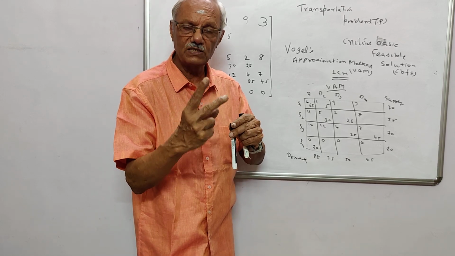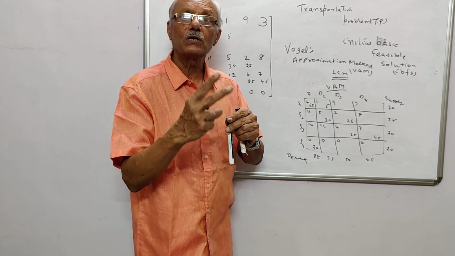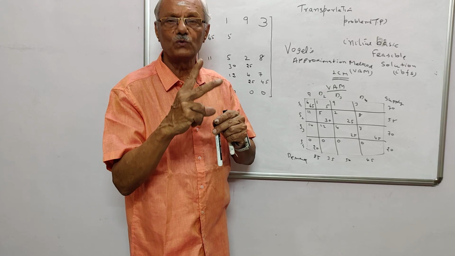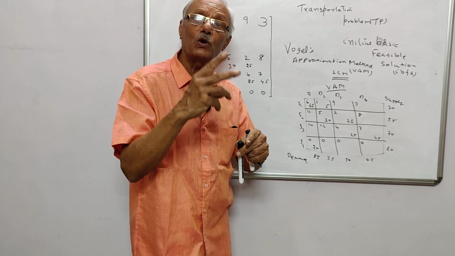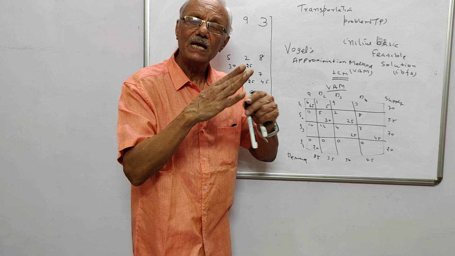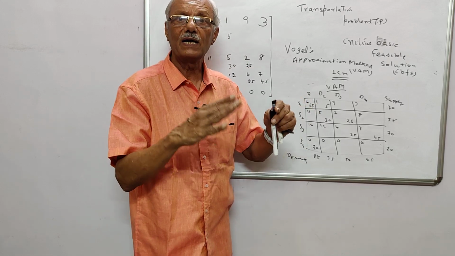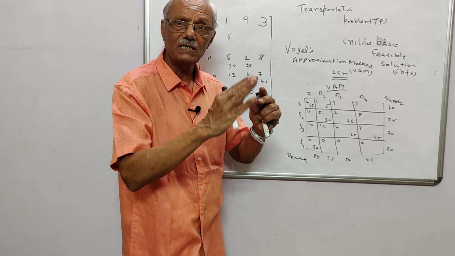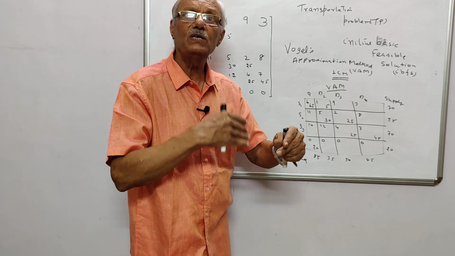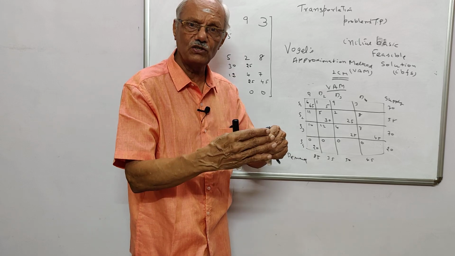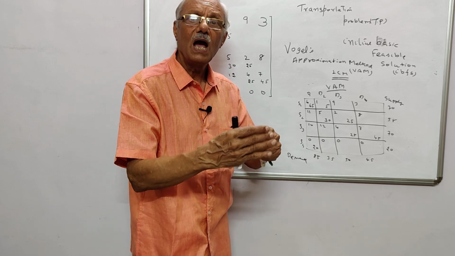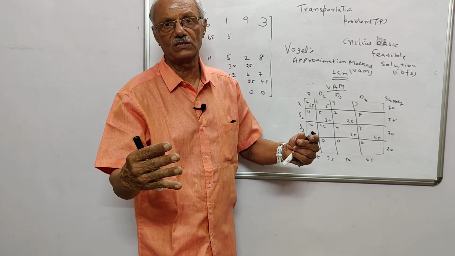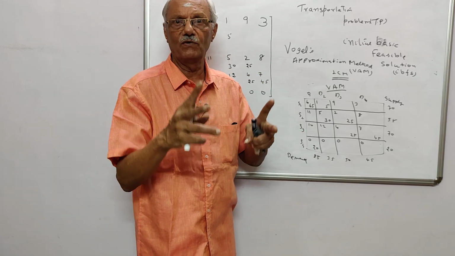The two things: how much capacity each source has, and how much requirement there is for every destination. The availability and requirements must be known. Availability means the number of units the sources manufacture, and requirement is the demand of the destinations. This must be known in advance.